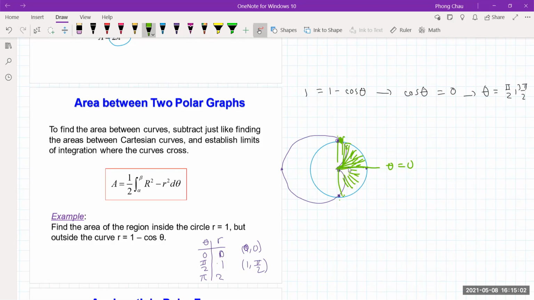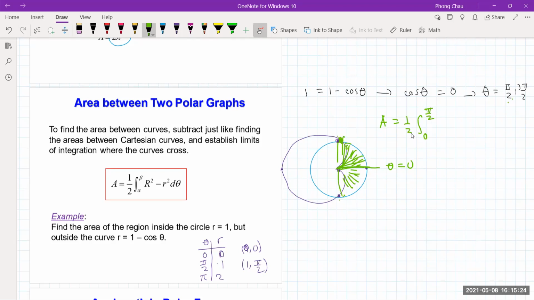So if I start in here, I can set up my area formula starting at 0, and then you move up to here. I'm pretty sure right now it is pi half, right? That's what we found. So that's going to be from 0 to pi half.